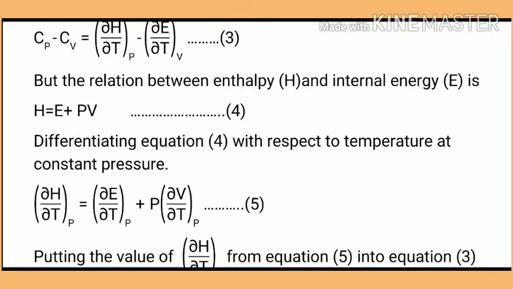We get del H upon del T at constant pressure, because we are differentiating this equation with respect to T. So we get in LHS del H upon del T at constant pressure, which is equal to del E upon del T at constant pressure plus P. P is constant here, because we are differentiating at constant pressure, so it remains constant, and we differentiate V with respect to T at constant pressure.